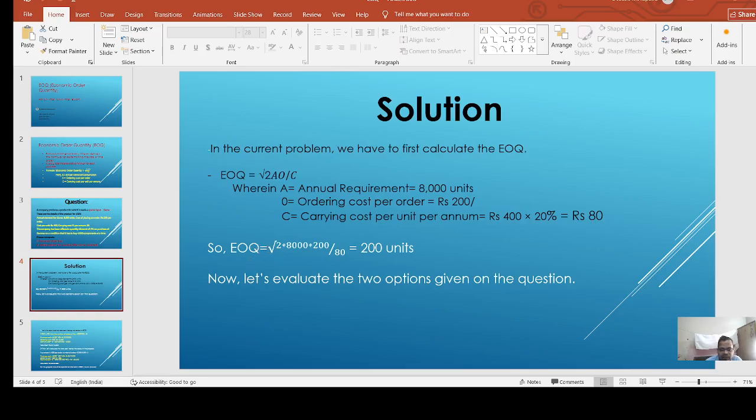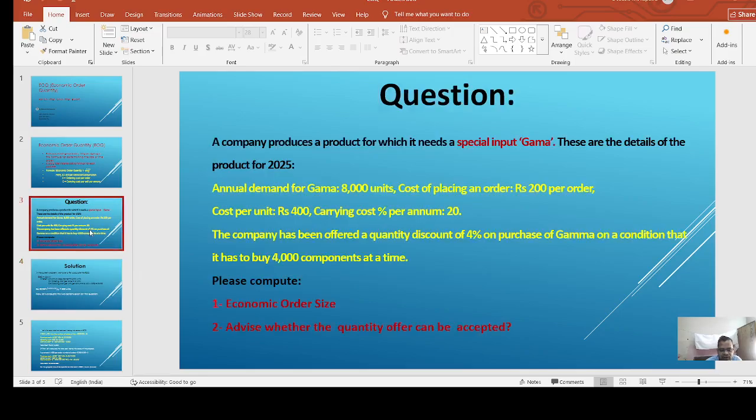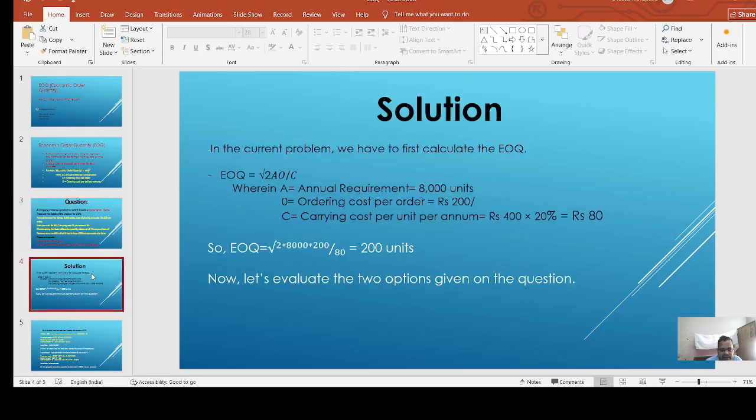So EOQ is the square root of 2 multiplied by 8,000 multiplied by 200 by C, where C is 80. If you calculate, it comes to 200 units. So we have already got the first answer. The economic order size is 200.